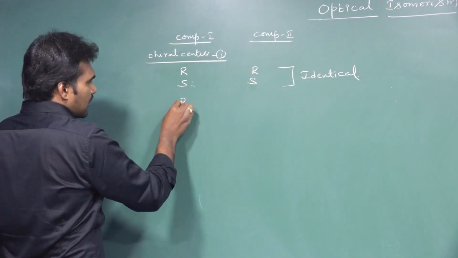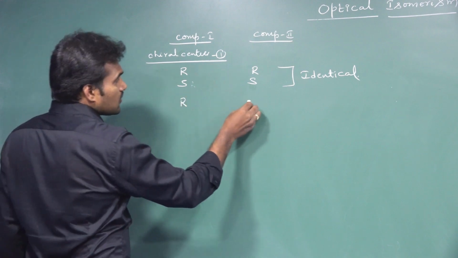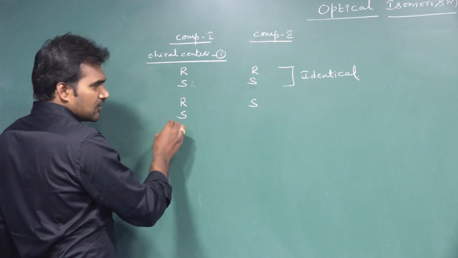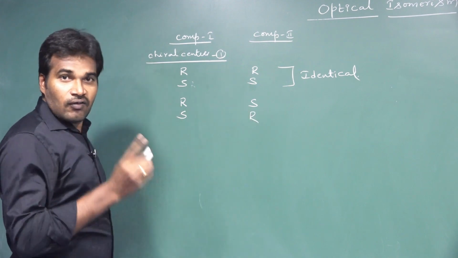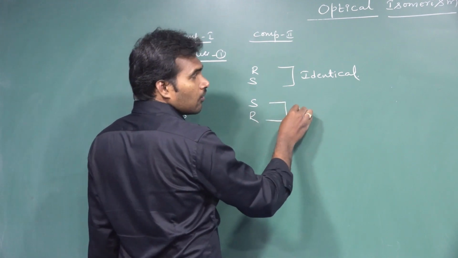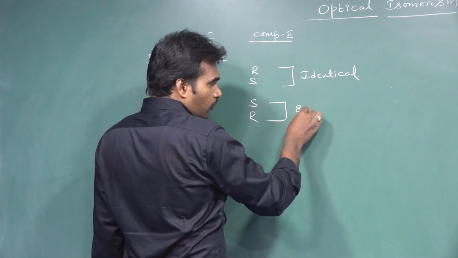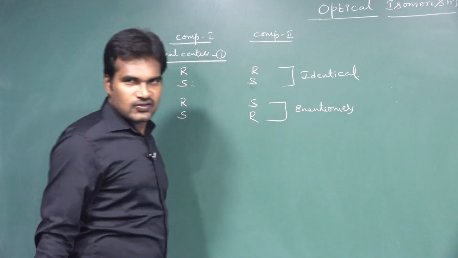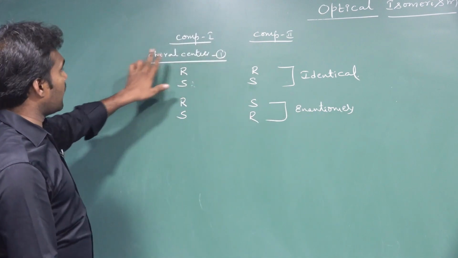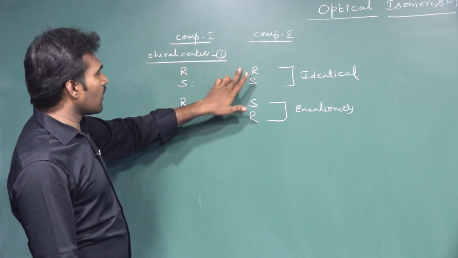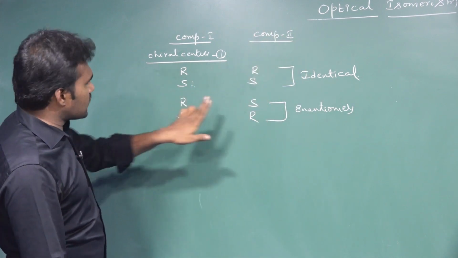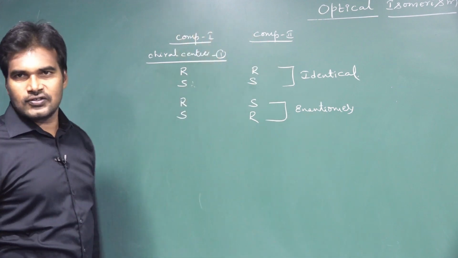Next, if the first is R and the second is S, opposite configuration, or if it is S and the second compound is R, these are enantiomers. Understood? With only one chiral center, R,R and S,S are identical, and R,S and S,R are enantiomers.